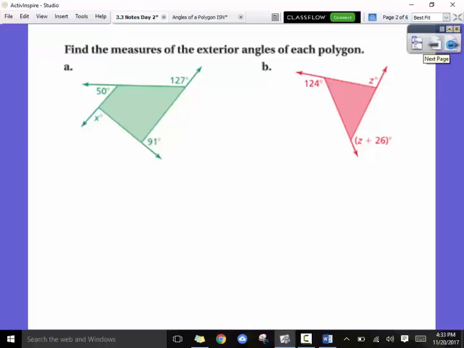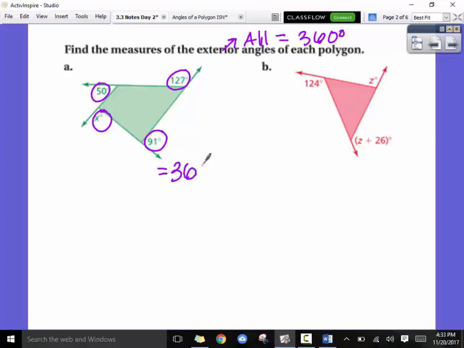So finding the measure of an exterior angle of a polygon, remember they all add to equal 360 degrees. So if I take a look at the angles I've been given for this 4-sided figure, they're all exterior angles, so I know they should all add to equal 360 degrees. And if I say my angles, 50 plus 127 plus 91 plus x equals 360, go ahead, add these together.